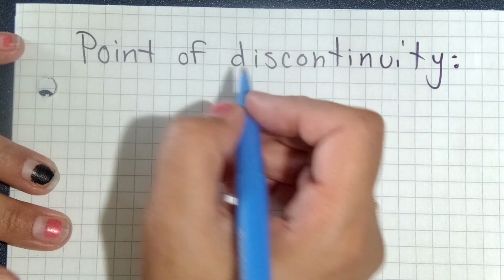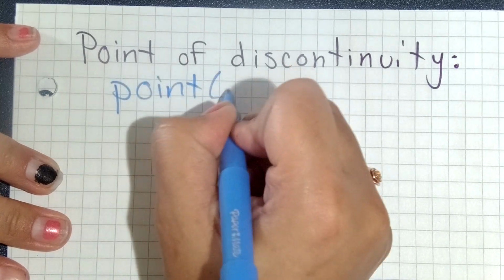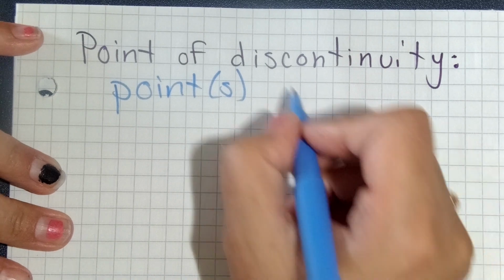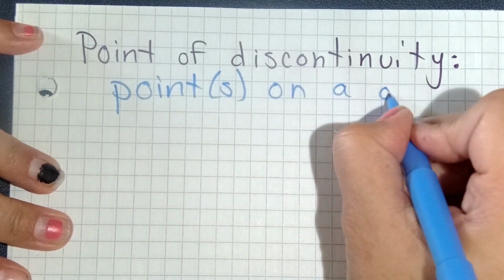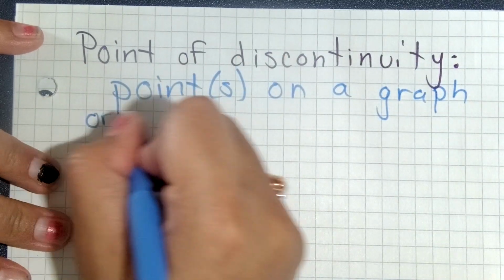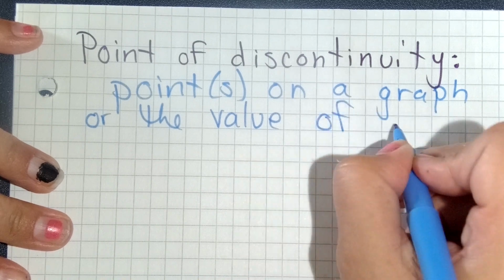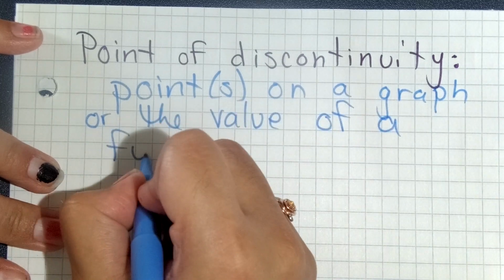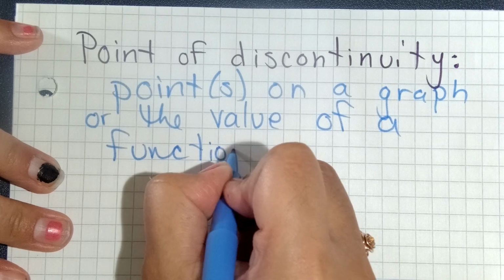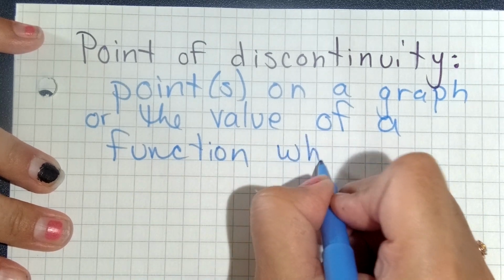The point of discontinuity is a point or points on a graph or the value of a function where the function is undefined.